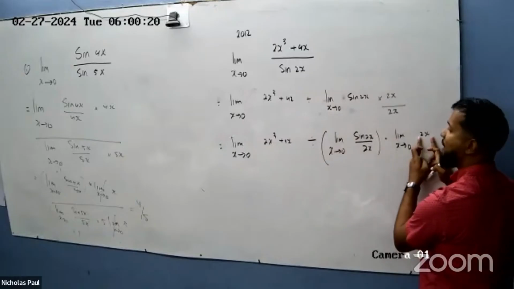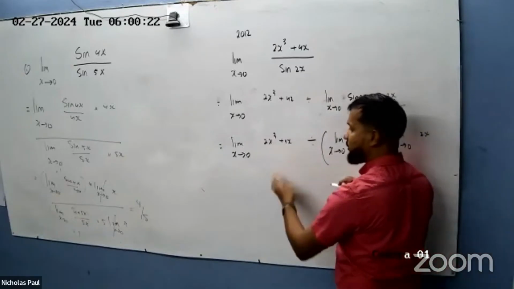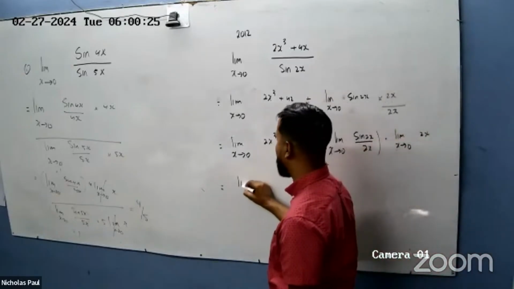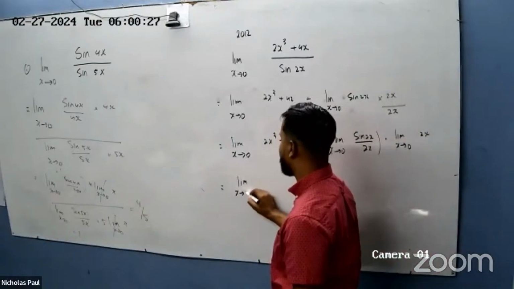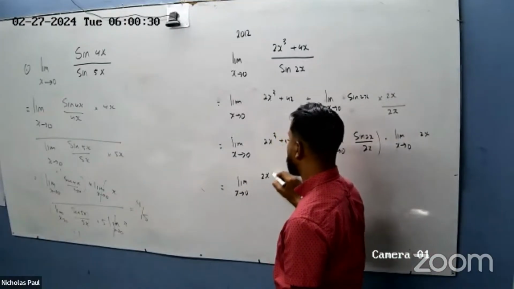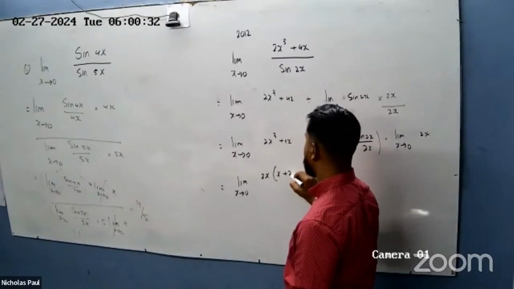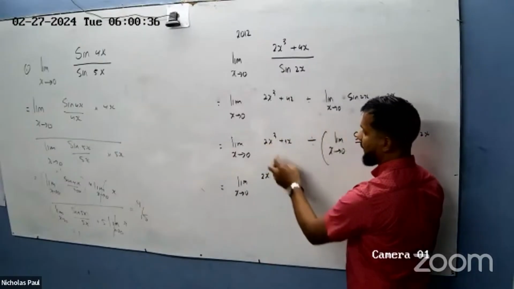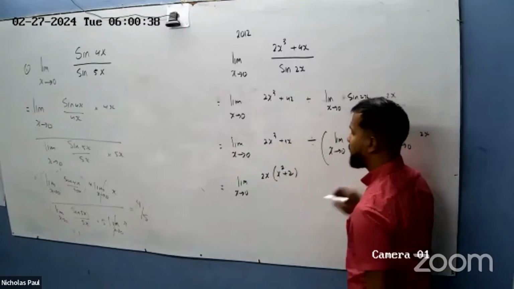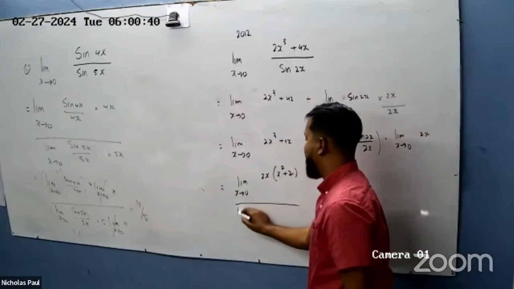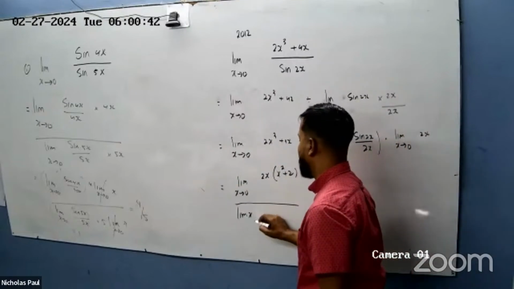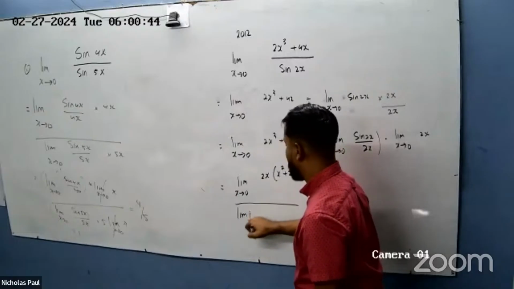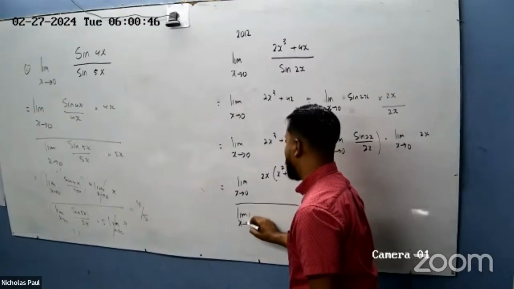So therefore, if I have 2x underneath and I have this on top, I might be able to do some factorization. You sure? 2x by x squared is 2x cubed. 2x by 2 is 4. Divided by the limit as x approaches 0 of 2x.